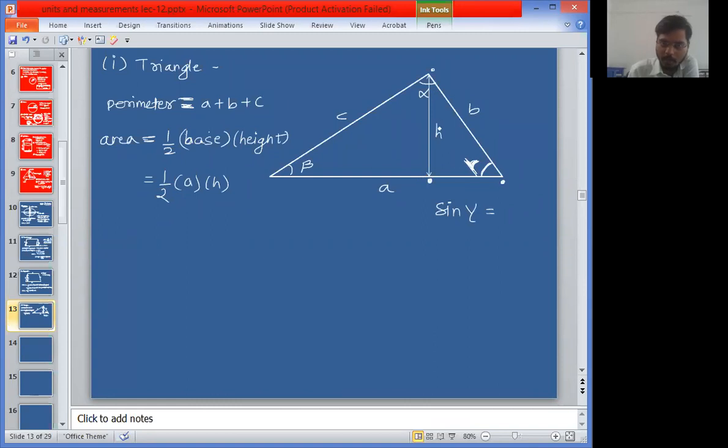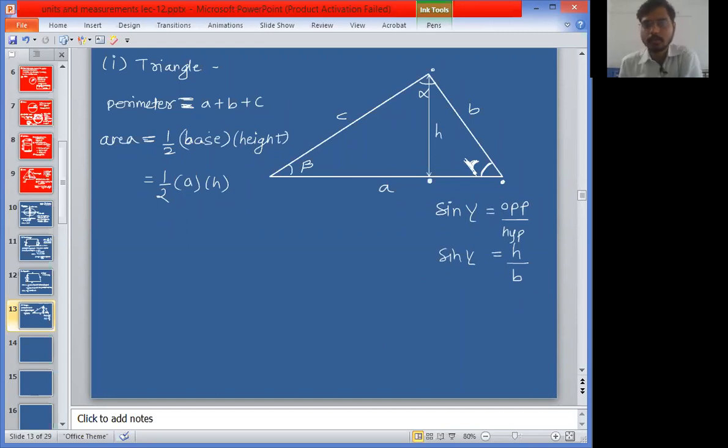Opposite side upon the hypotenuse. Opposite side divided by hypotenuse, sir. What is the opposite side? The opposite side is H. Hypotenuse is B.